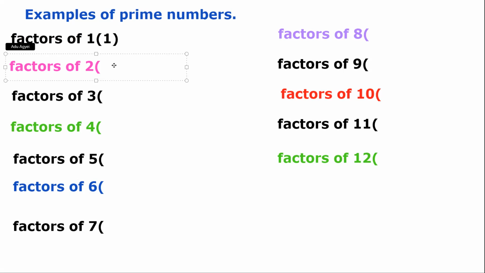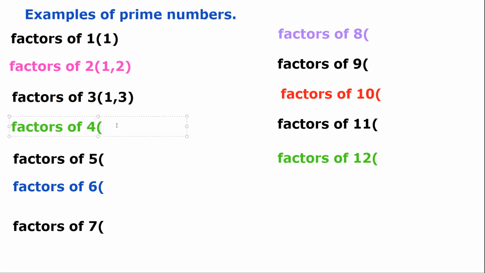Then let's see the factors of 2. For factors of 2, 1 can divide 2 equally and 2 itself can also divide 2 equally. Okay, good. Factors of 3: 1 can divide 3 equally, 2 cannot divide 3 equally, and 3 itself can also divide 3 equally. Okay, good.